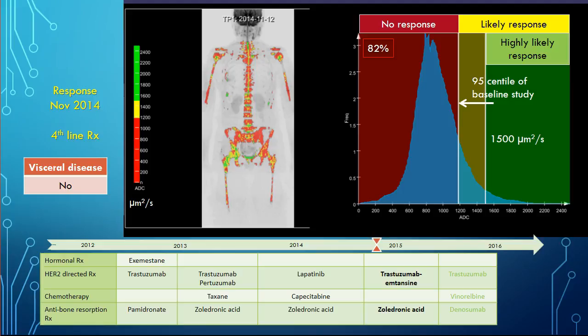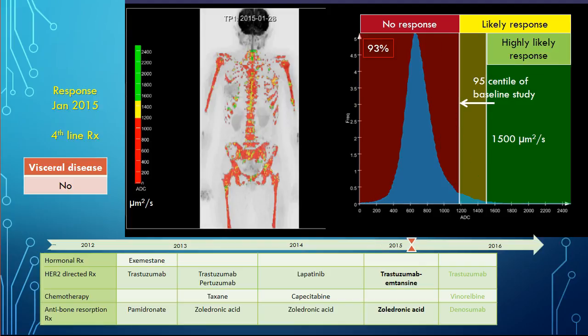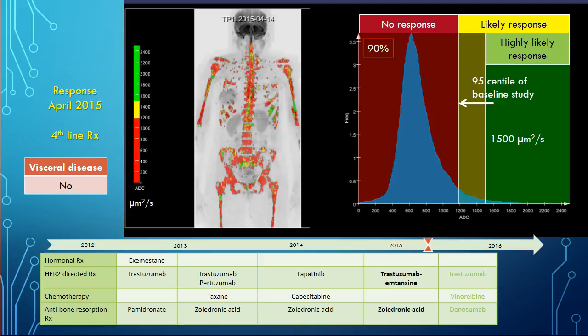This time we see a differential response with a greater response in the region of the previous radiotherapy. The rest of the skeleton does not appear to have responded that well. Unfortunately, the effective treatment does not last long, and she begins to relapse, and we confirm relapse on the next occasion.